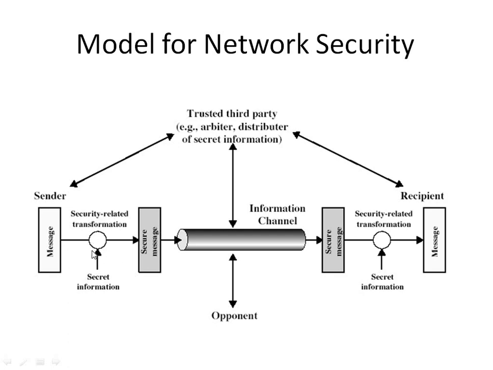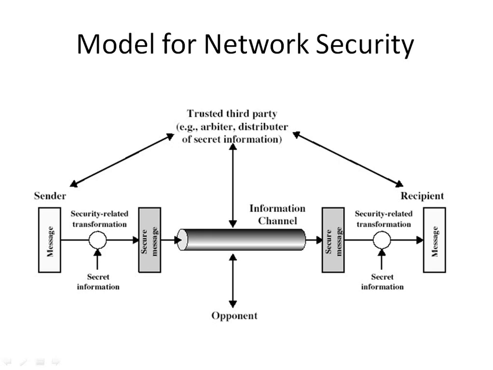That means I use some algorithm or technique to transform the original message into a secure message. We need some secret information, or some kind of key, in order to encode the message from transparent plain text to an unintelligible, encoded form.